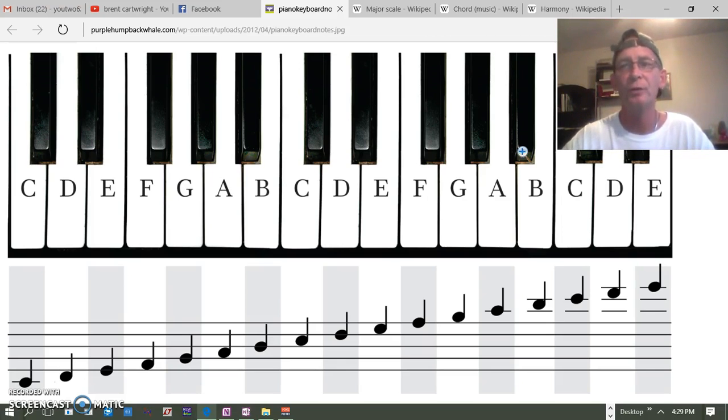Complex chordal structures normally are going to be built from triads or simple three-note harmonies that you're going to build from to construct more complex chordal structures. So I hope I put that in a way that made it very simple, so that the actual theoretical understanding of what's happening there is that simple. It's not any more complex than that.